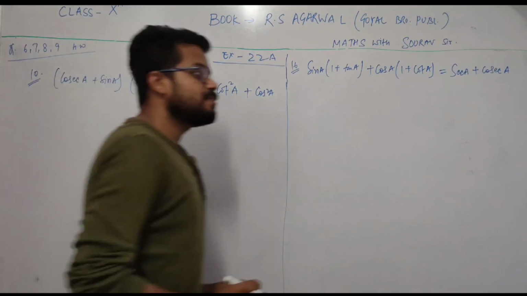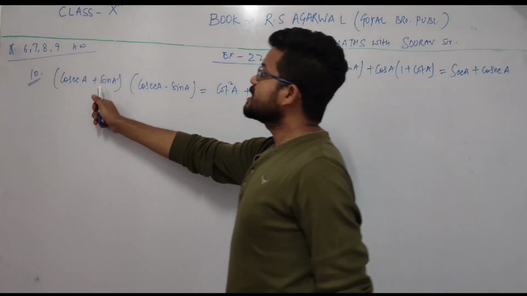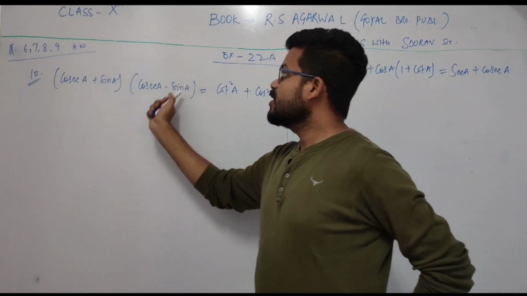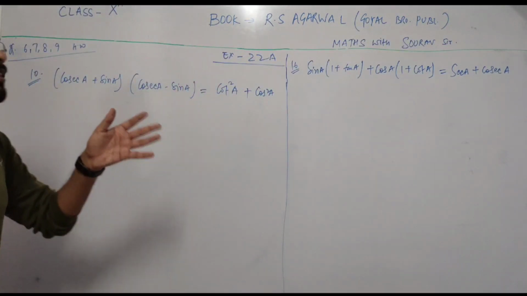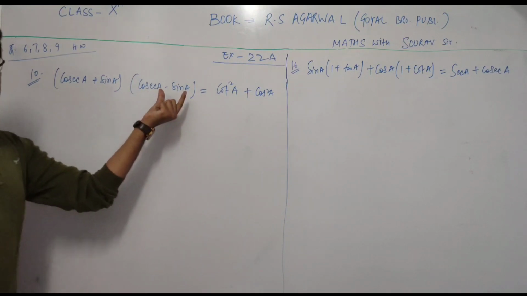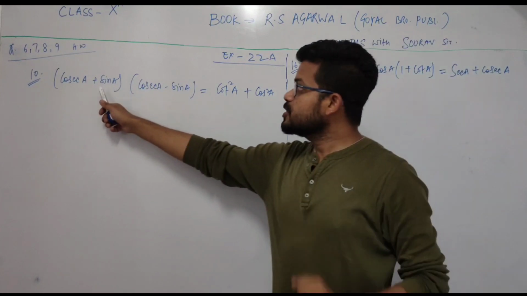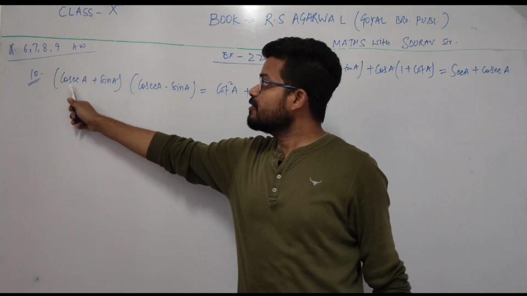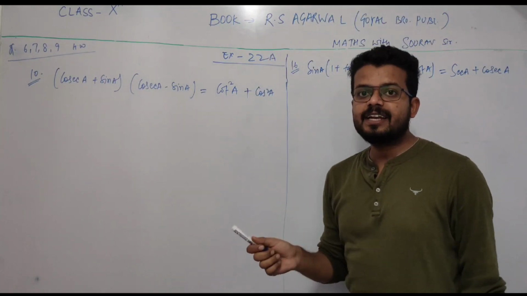In most of the problems, whenever in the question there is a trigonometrical ratio other than sin A and cos A, we have to firstly convert that trigonometrical ratio in the form of sin A and cos A. Remember, it always works.